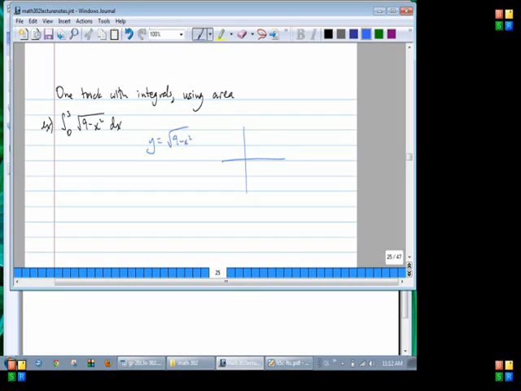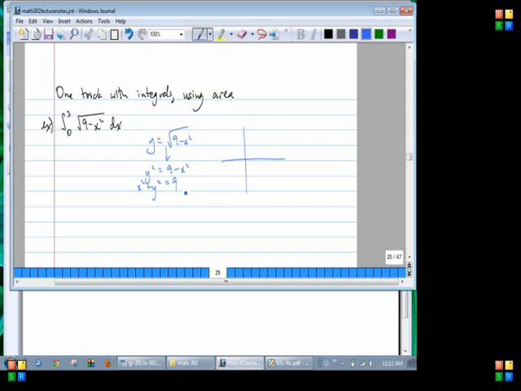In order to do this question, you need to know something about these equations. Let me rewrite this. Square both sides, bring the x squared to the other side, and what do you get? x squared plus y squared equals 9.